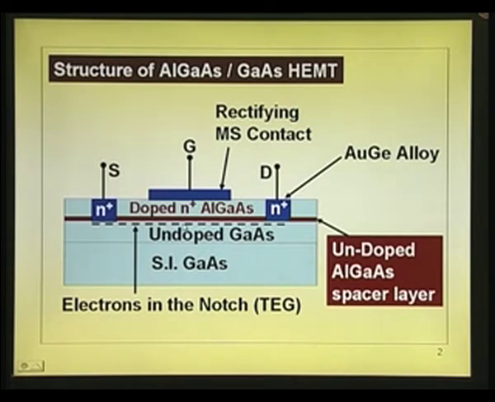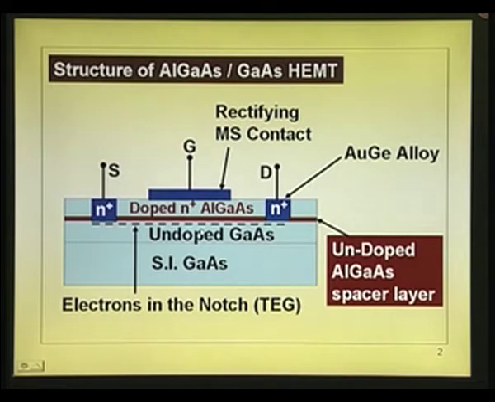Now, what we are telling is, you can actually remove these electrons, in the sense wipe out those electrons from that region by forward biasing this junction, which actually is plus here, minus here. So, when you apply total voltage to the gate equal to VBI minus Vp0, which will deplete the top layer, and an additional negative voltage, which is delta Ec by q, this layer will be depleted. In the sense, it is just on the verge of conduction.